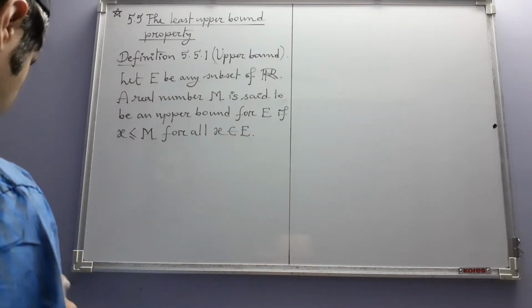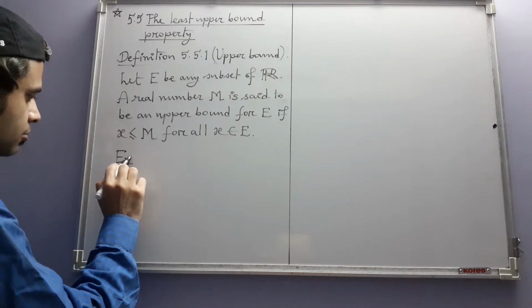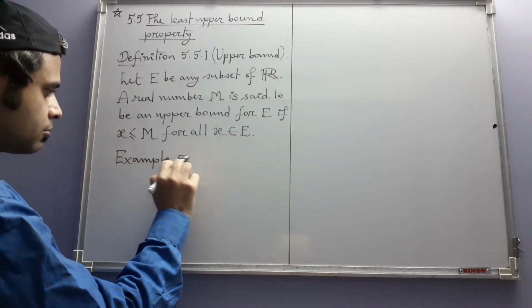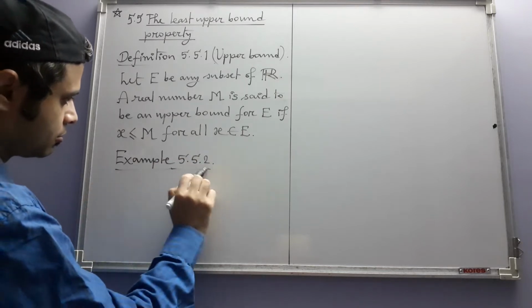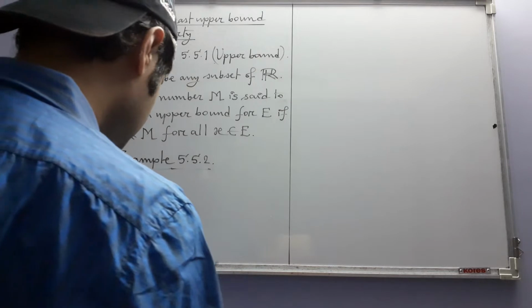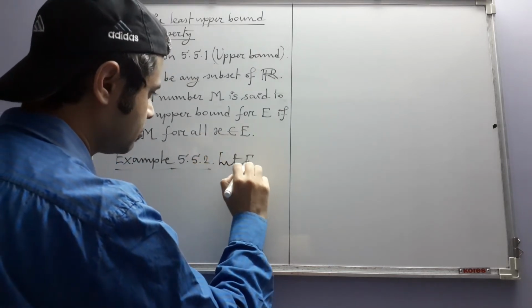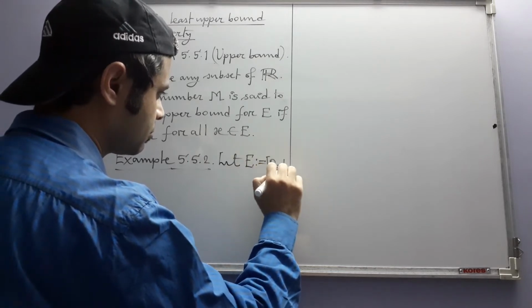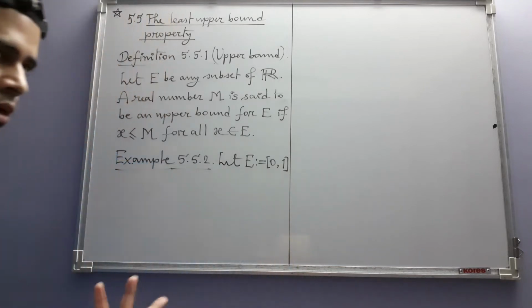So here is an example illustrating this. Say our E is this closed interval [0, 1], which is a subset of the real numbers.